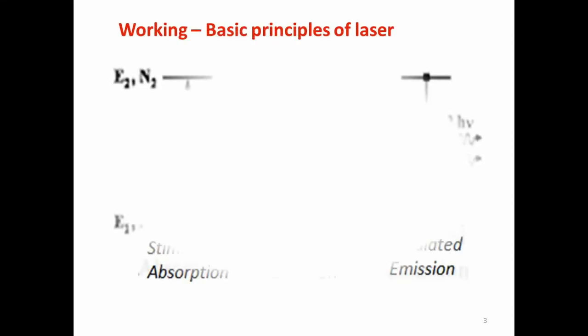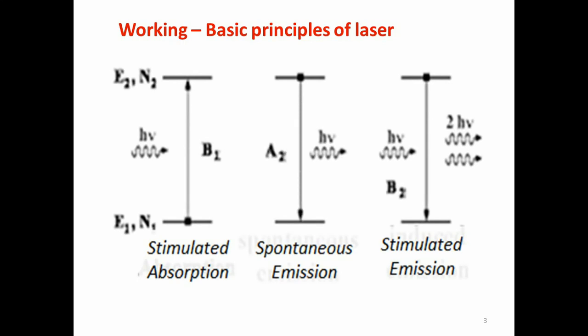Next, let us recall the working or basic principles of a laser. Working of a laser means explaining the three energy transitions in every laser. First transition is stimulated absorption, that is, an atom absorbs the photon and moves to the higher energy state.